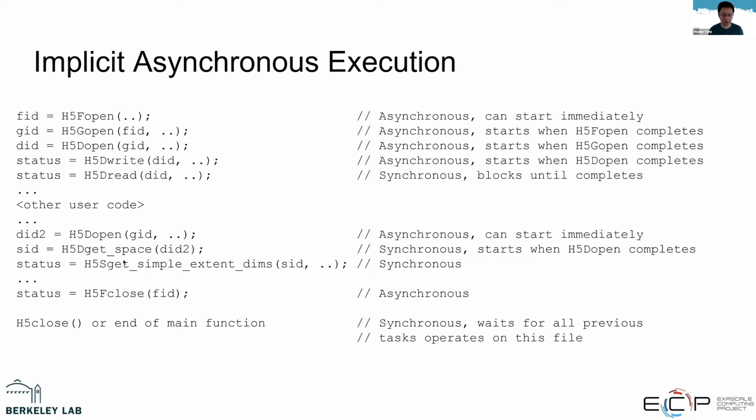They stay the same, but once they set the environment variable to enable the asynchronous VOL, many of these operations can be executed asynchronously. For example, all the file opens, group opens, dataset opens, and writes become asynchronous. By default, the read is synchronous, and there are some other operations.